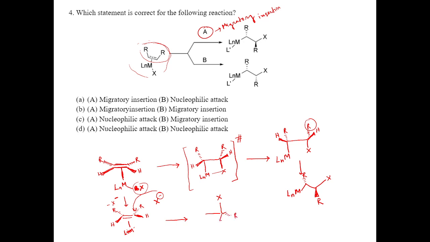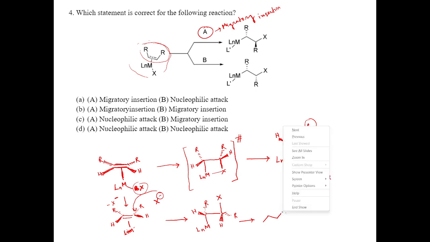So this and this, and eventually this metal bond will ligate here in this way, and here also this sp2 will be the sp3 one. So this R and this is H. So if you draw properly also in this way, it will be like this.